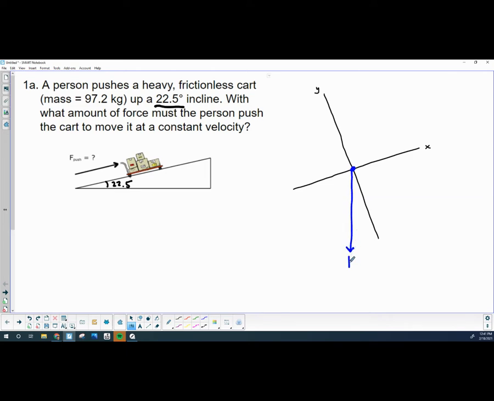And that will be Fg, the pull of gravity on the object, which we know we can take the mass in kilograms times g to get that value. So 97.2 kilograms times 9.80 newtons per kilogram gives us a weight of 953 newtons. Okay, that is the pull of gravity on this object.